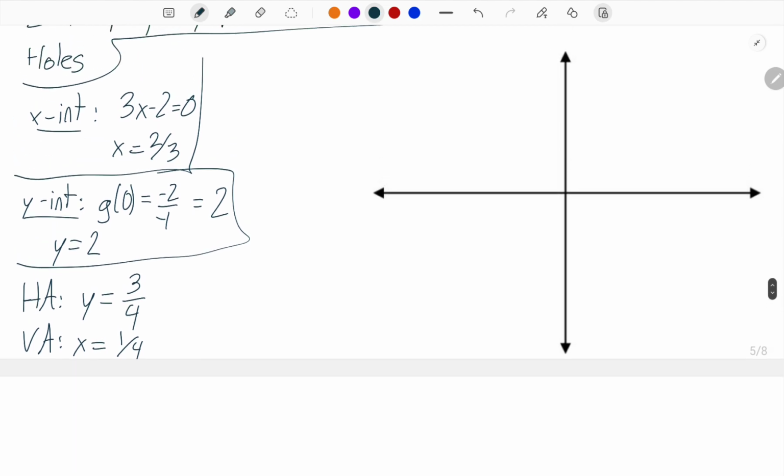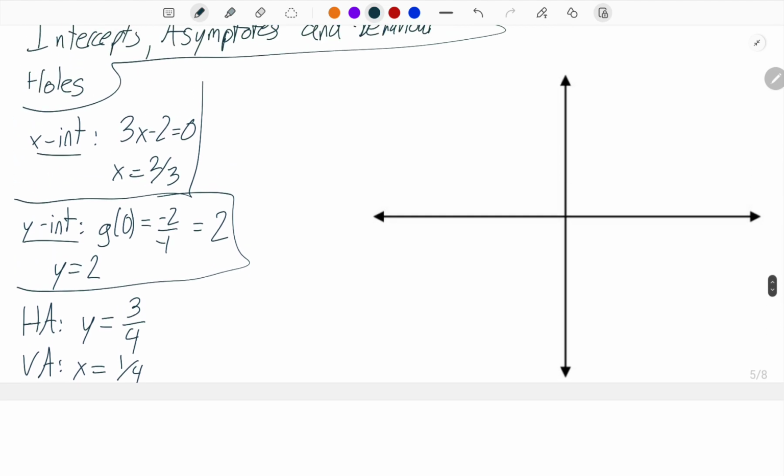All right, so let's plot down those asymptotes, and then we'll figure out the behavior of those asymptotes afterwards. So 1/4, we're just going to give ourselves some space here. Make sure to always label your asymptotes. And also, let's take a look at 3/4, so we'll do that a little higher up. It's not perfectly to scale, and also use a ruler.